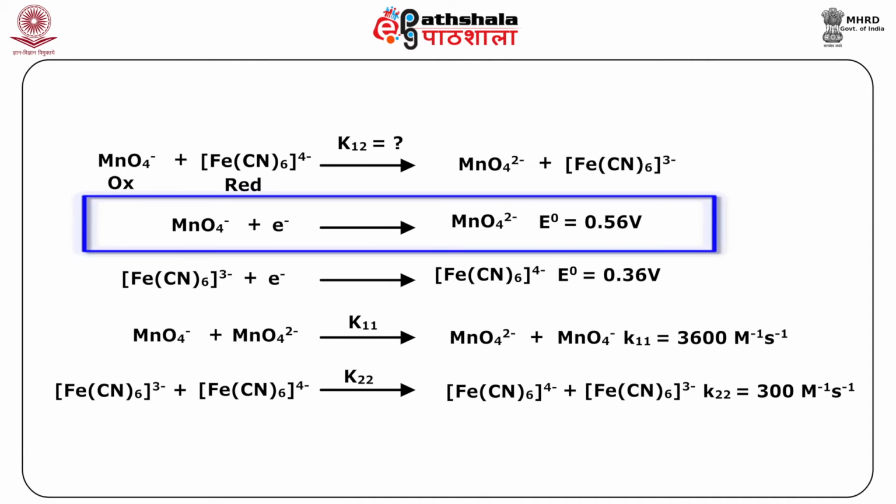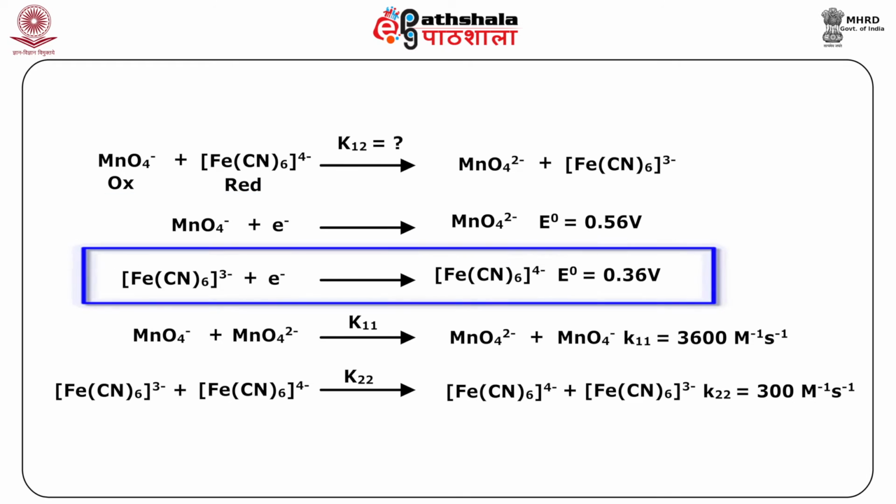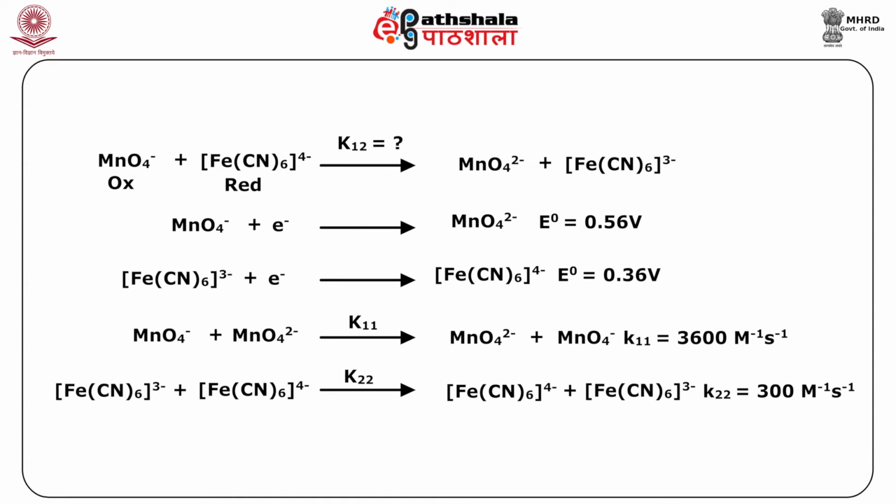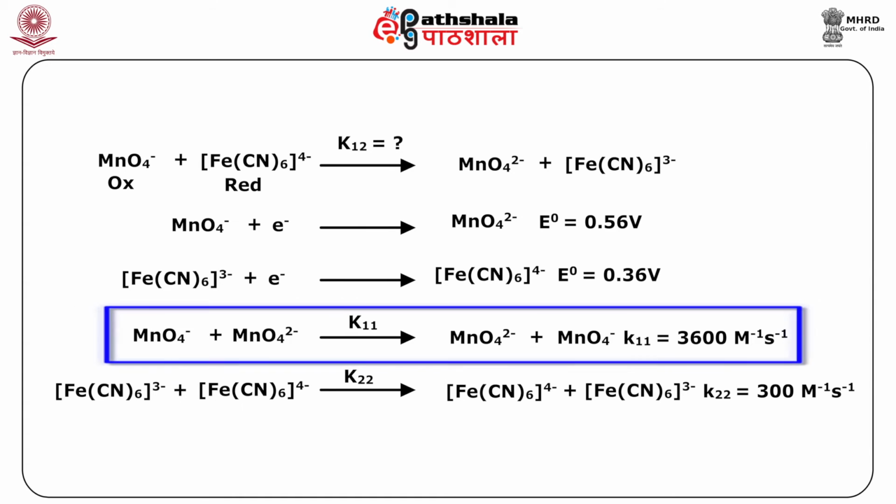While Fe(CN)6 3 minus is reduced by one electron, forming the Fe2+ complex Fe(CN)6 4 minus, the E0 value for this reaction is 0.36 volt. Now, the combination of MnO4 minus plus MnO4 2 minus is a kind of outer sphere reaction.